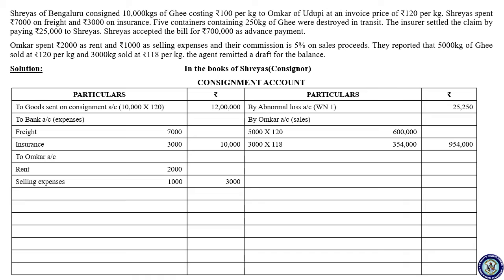Okay, next, write commission to Omkar's account. Commission on sales, so the total sale is 9,54,000, and on that 5%.